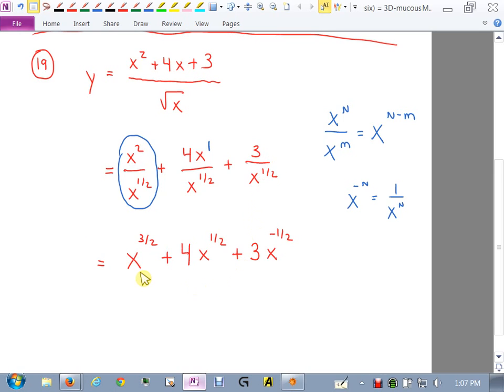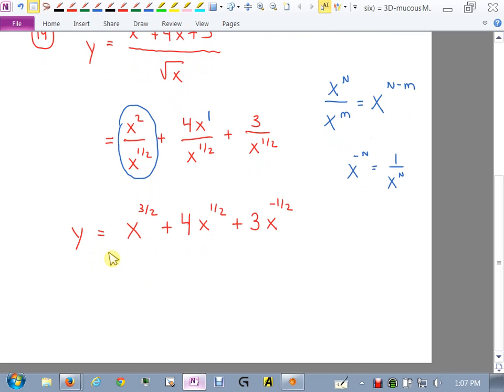Okay, now we're ready for the derivative. So this is y. Now, how do I say the derivative? I could use 2 common notations. I could say y prime. Another notation you might see is dy dx. Both of these notations are the same. Those both mean take the derivative of this.